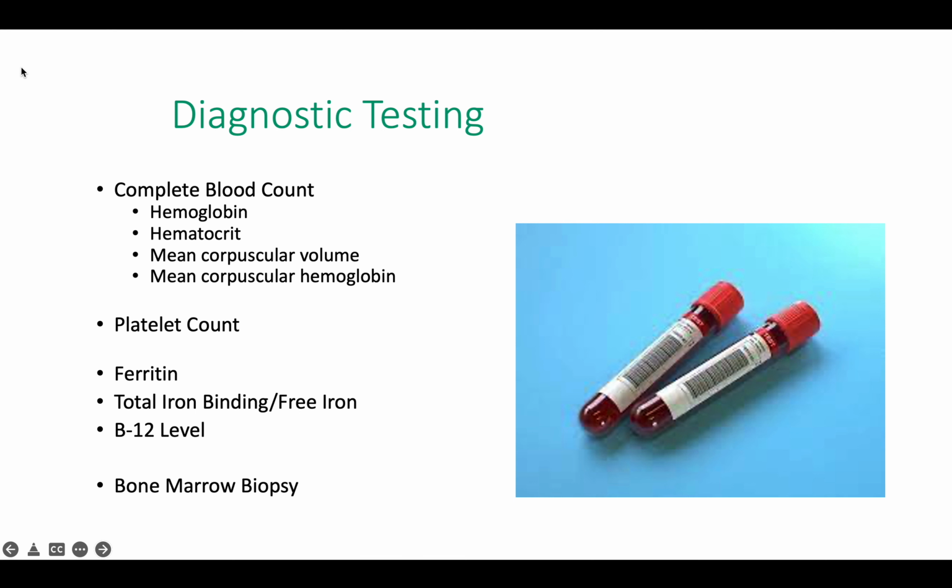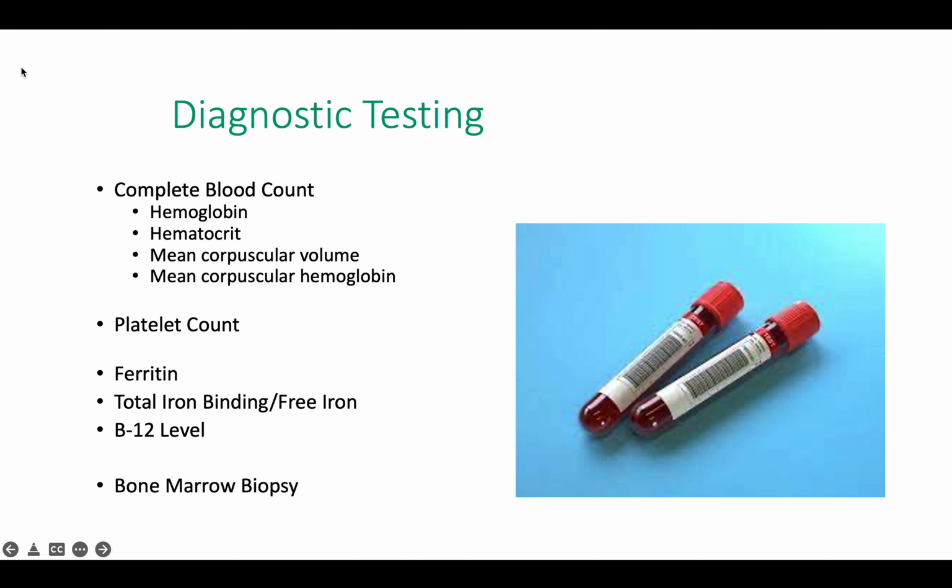I might order a ferritin level or a total iron binding level to determine if this is an iron deficient anemia. I might also draw a B12 level to determine if this is B12 or pernicious anemia. Okay, this just gives us more information on nutritional risk factors, since we know that's a risk factor for cellular regulation. All of these help us to understand what might be going on.